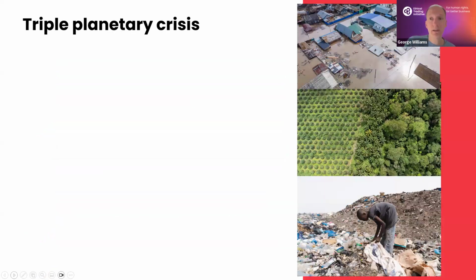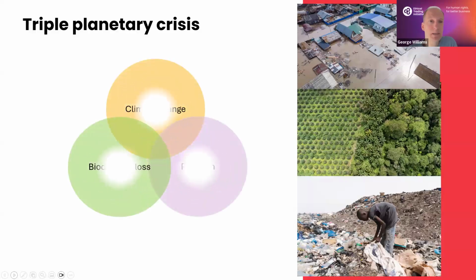So just to broaden things out slightly, as mentioned, Just Transition has gained a lot of traction in climate change discourse and climate change policy making. But of course, we've now learnt that we face not only climate change, but a triple planetary crisis, one that includes climate change, but also massive biodiversity loss and widespread pollution of land, of seas and waterways, and also of the air.